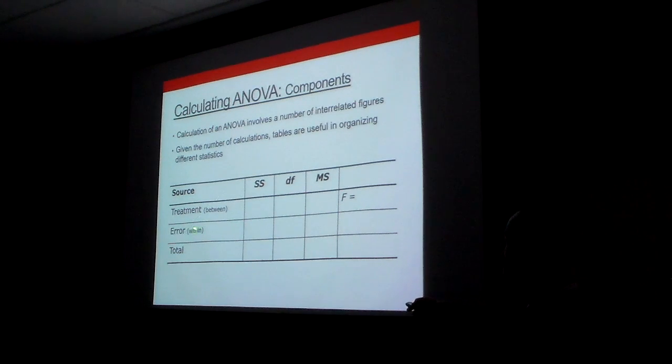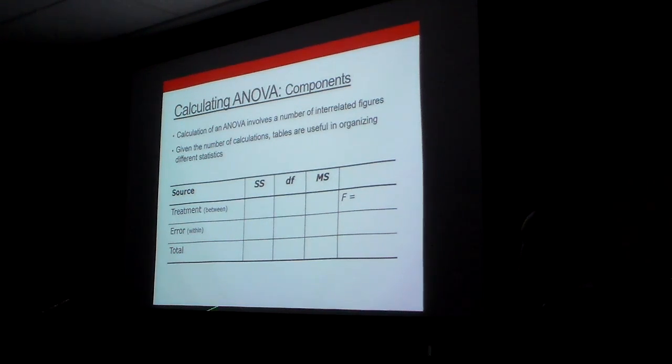So this is our sum of squares, which is just a raw metric of variability. Sum of squares for our between treatment and our within treatment. This is our effect, this is our error, and then just our total variability down here.